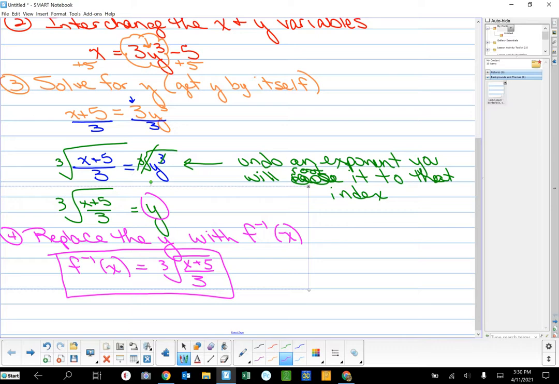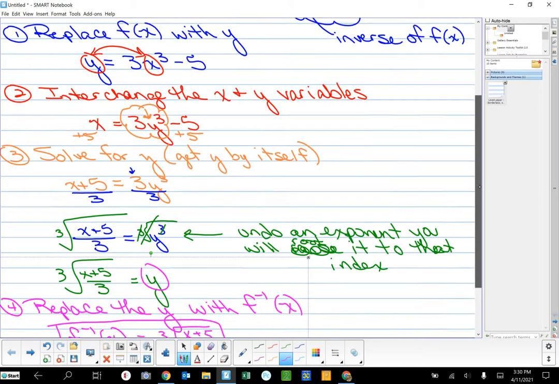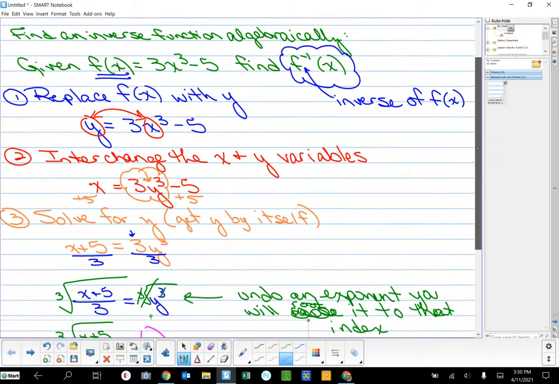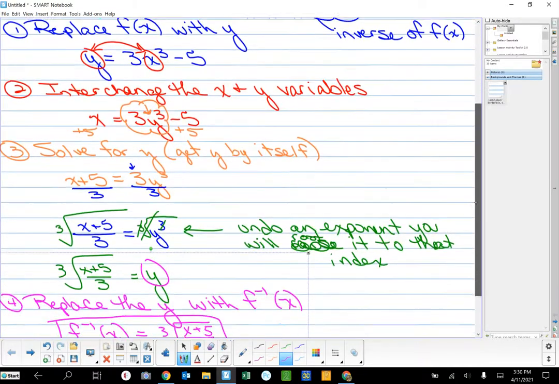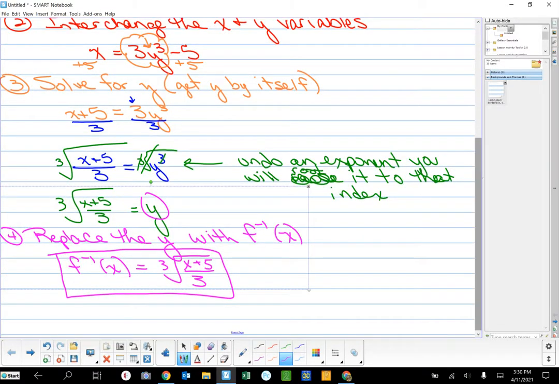Okay, that step 4 is the inverse of that whole thing. Now, in my pre-calc class, there's a way that you can actually go back and verify algebraically that f of x and the inverse are indeed inverses of each other. I'm not going to ask you to do that. Varsity is not going to ask you to do that. So all I need you to do is go through these 4 steps and actually do that.